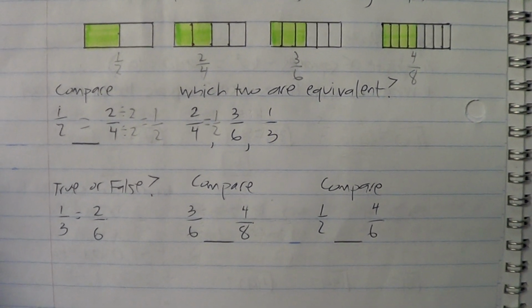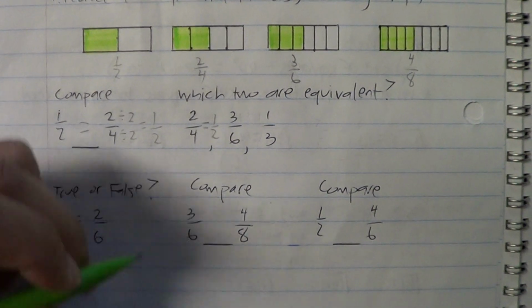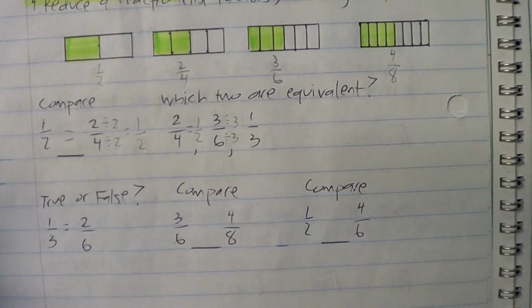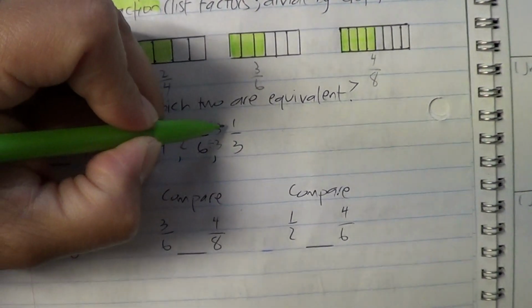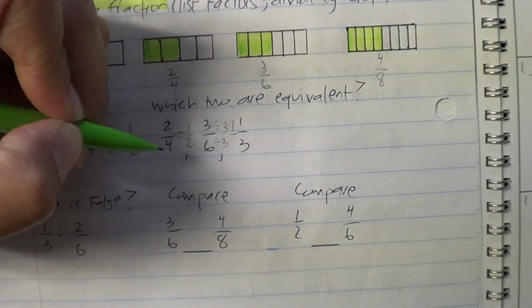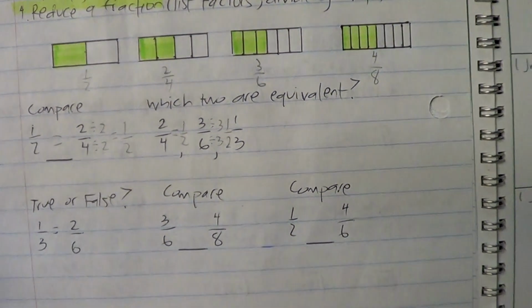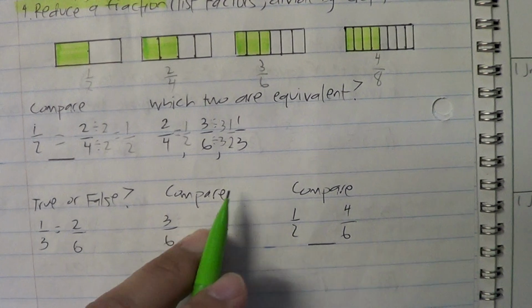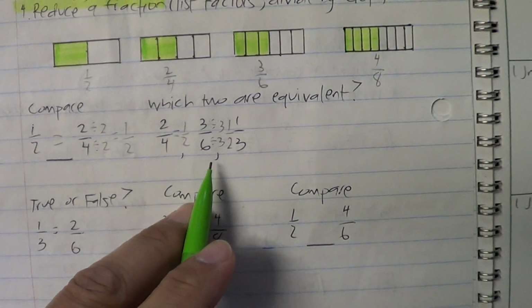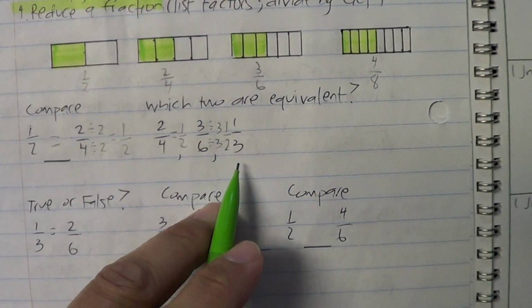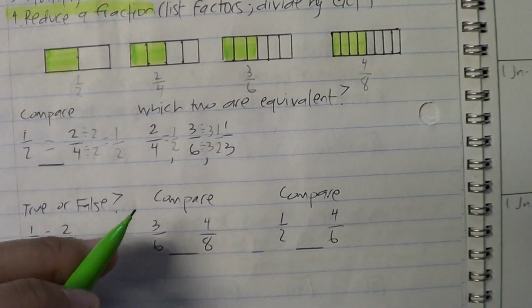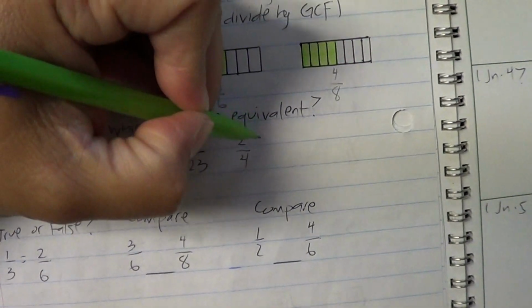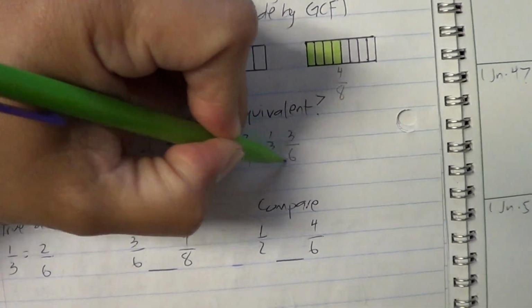For 6, it would be 1, 2, 3, and 6. So the GCF, greatest common factor between the two, is going to be 3. So 3 divided by 3 is going to give me 1, and 6 divided by 3 is going to give me 2. And then 1/3 is already in lowest terms, so we'll notice 2/4 equals 1/2, 3/6 equals 1/2, and then we've got 1/3. So which two are equivalent? Based on what we see here, the answer is going to give us 2/4 and 3/6.